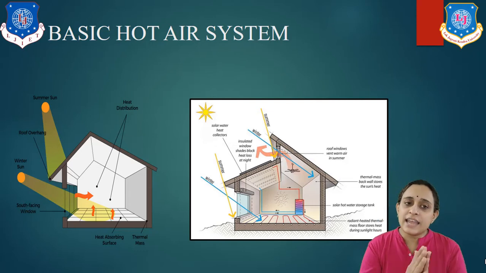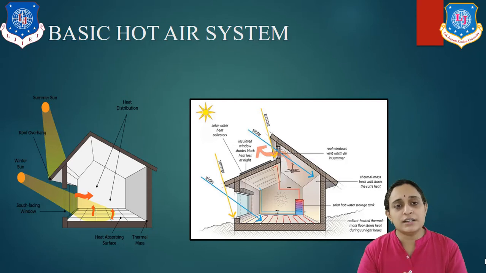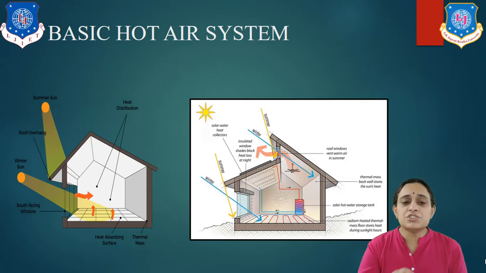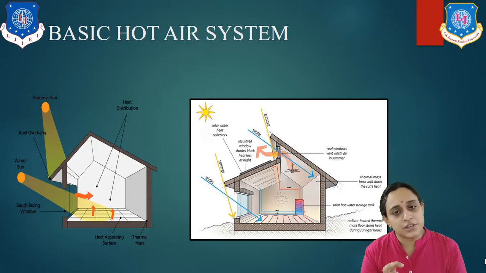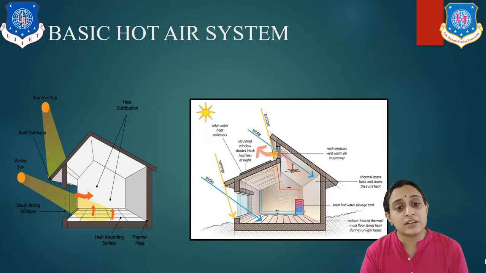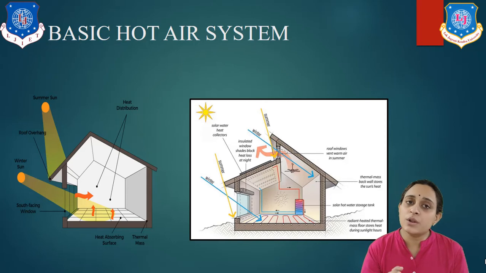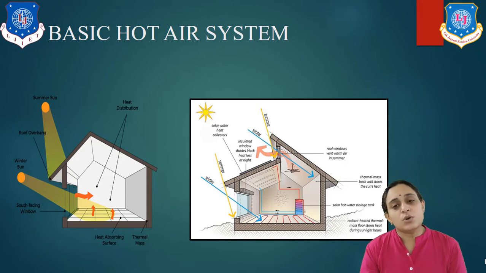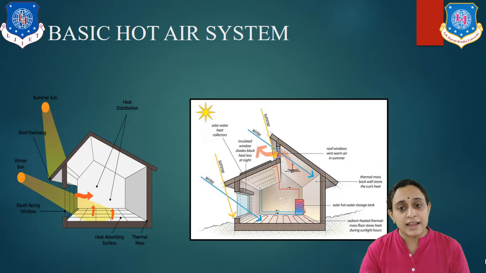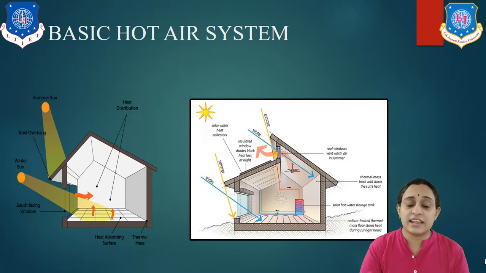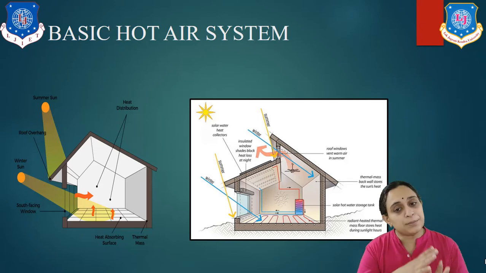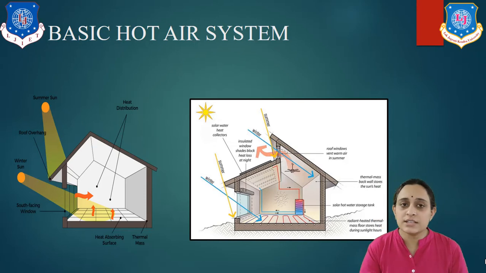So it is the hot air system. It transfers the heat of the solar radiation to a large capacity heat storage tank containing gravels or pebbles. Then the circulating pump sucks the cold air from the room and the heat storage tank, where it is heated and supplied back to the room for space heating.